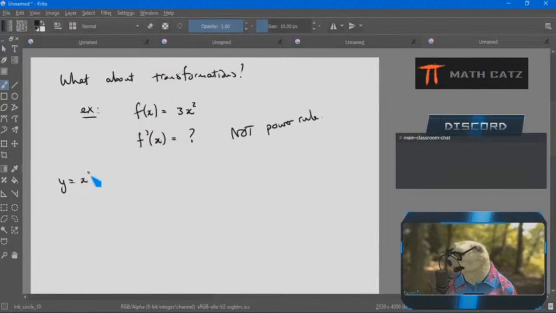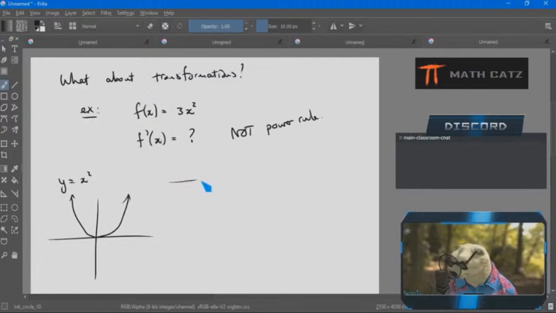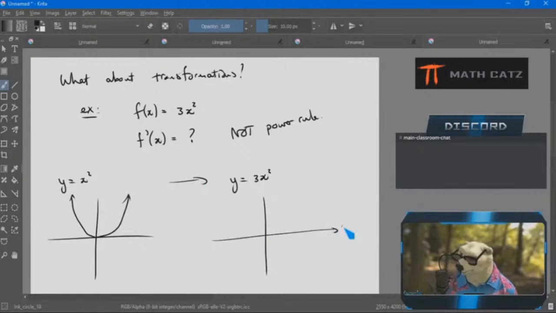If I look at x squared, and I graph a little parabola here, there it is, a little flat. I'm going to go with this one because it's not going to get any better. And I transform it to 3x squared. What is happening to the graph? What's happening? Everything gets stretched a little bit, right?